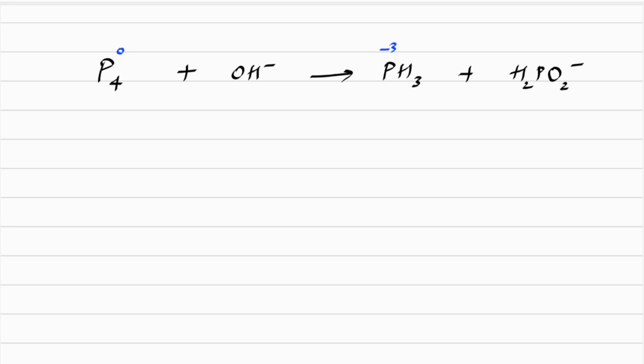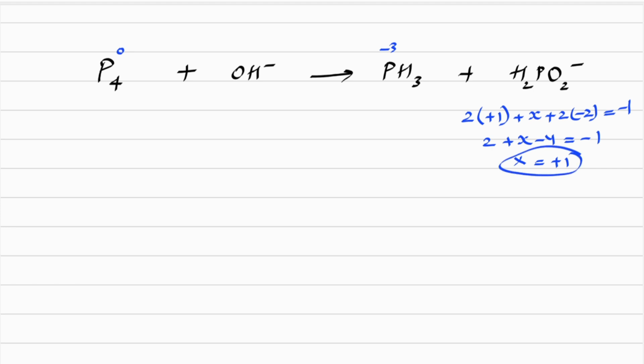In this compound, let's find out the oxidation number of phosphorus. We have 2 hydrogens, so 2 times +1. We don't know for phosphorus, so let's keep it X. Then we have 2 oxygens, so 2 times -2, which is the oxidation number of oxygen, equals to -1. So let's solve this. 2 plus X minus 4 equals -1. X you get as +1.